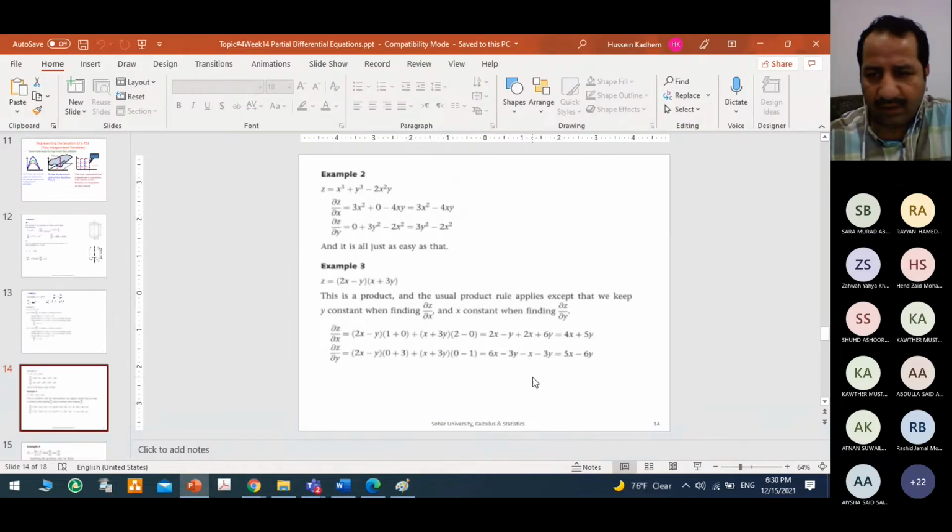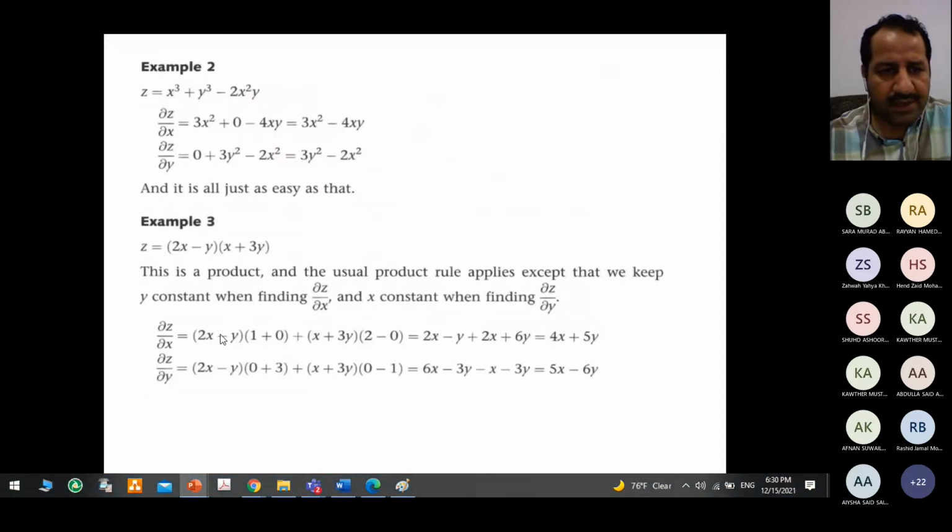Have a look. Now here I will say this 2x minus y is u, and this x plus 3y is v. So I keep u, then differentiation of this part with respect to x is 1, this is 0, so 1 plus 0.